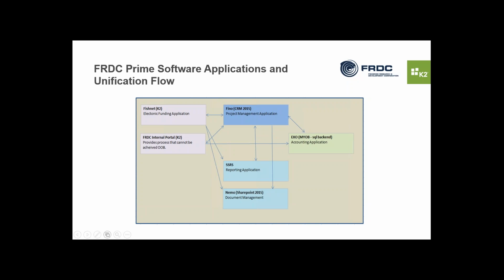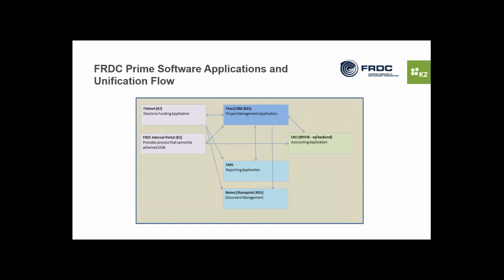Just recently, I think maybe November, we went to CRM 2015 and upgraded, and nothing missed a beat. It just went straight through beautifully, and so did K2, and K2 kept in line with Microsoft. So that was one of the key points in trying to keep everything out of the box.